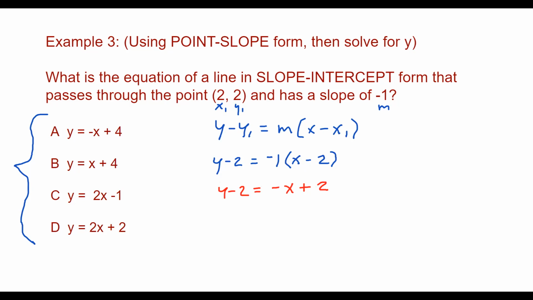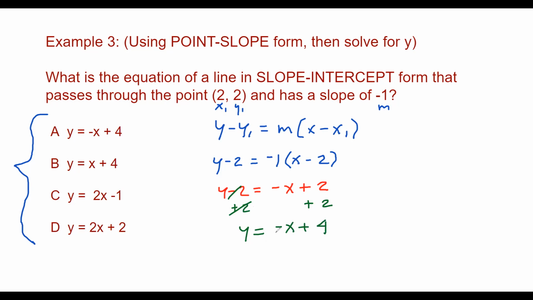Only one more thing to do here. We have to do the opposite of what's being done to y so that we can solve for y. The opposite is to add 2. When we do that, that's going to cancel this out. It's going to leave us with y equals -x plus 2 plus 2. That's going to be plus 4.